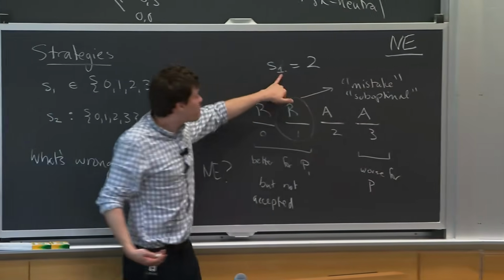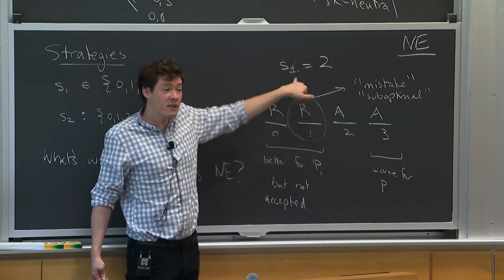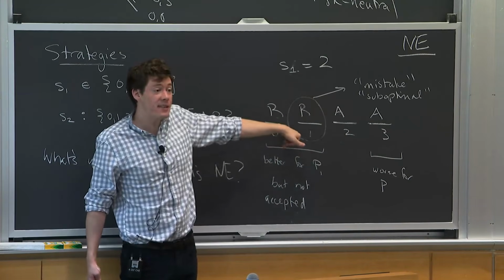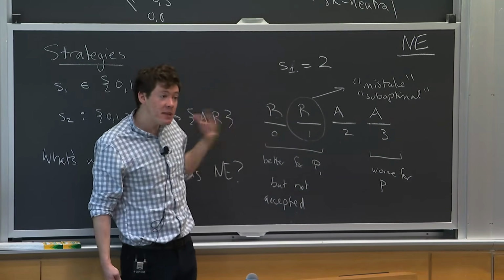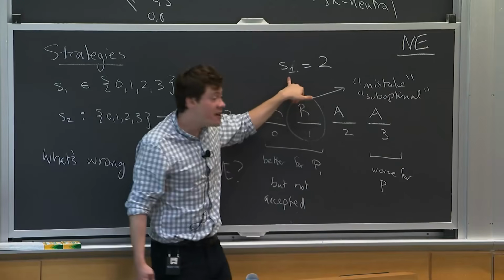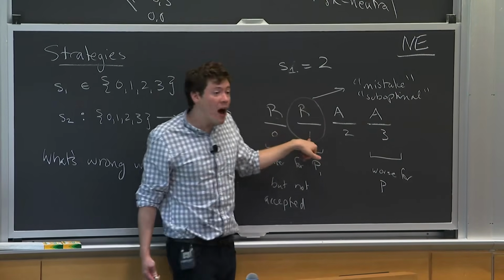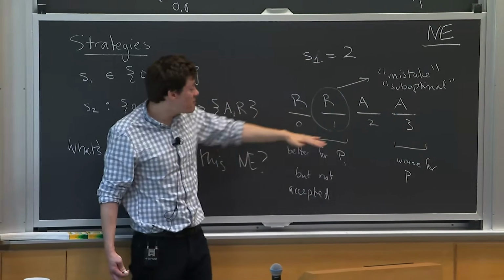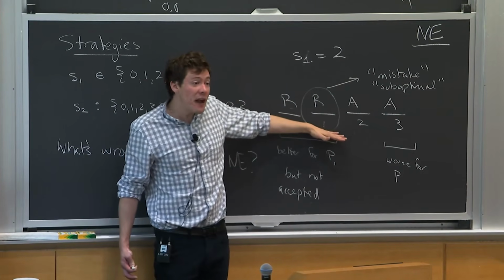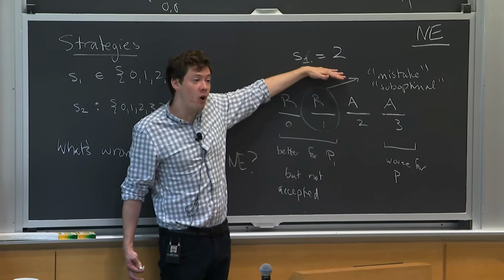But if player 1 is going to deviate, I'm actually going to get to observe that, because if they offer me 1, I get to see that. So what this strategic form reduction of the dynamic game seems to be missing is the fact that if player 1 were to deviate and play 1, now I know that they're not playing 2 anymore. But the complete contingent plan reasoning tells me that my play, even at this contingency, is governed by my belief that player 1 is always offering 2.